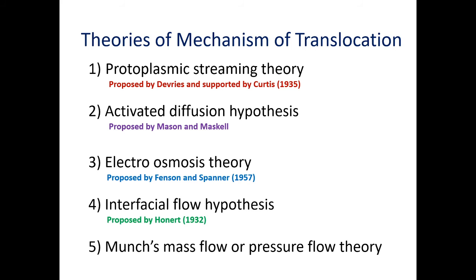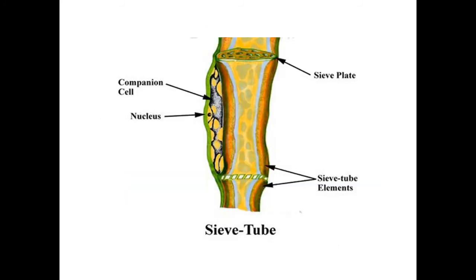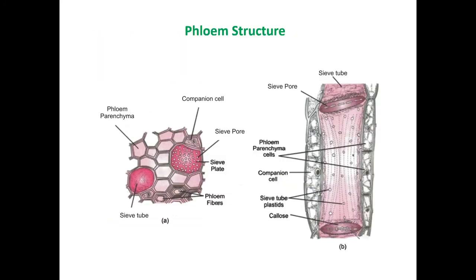We saw earlier, you can see here, these are the sieve pores, and these sieve pores are negatively charged. Inside, in the sieve lumen, in the cytoplasm, you find K plus ions.